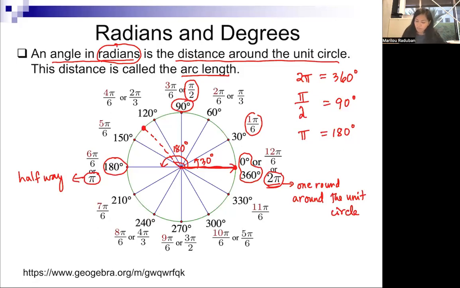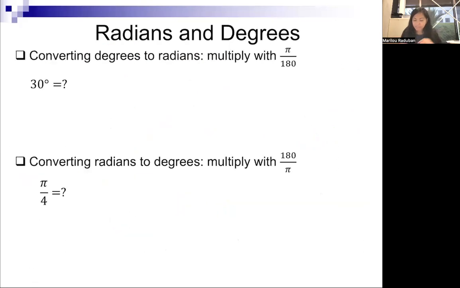For the special radians like 2 pi, pi over 2, and pi, conversion between radians and angle is relatively straightforward. But for different angles, converting between degrees and radians would require us to know some conversion factor, right?